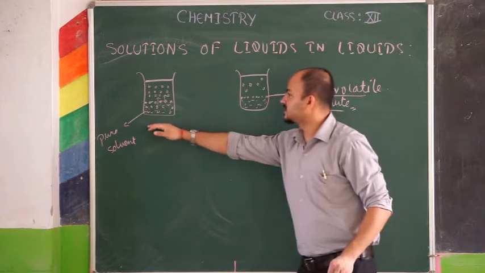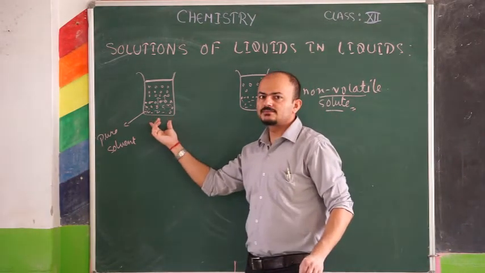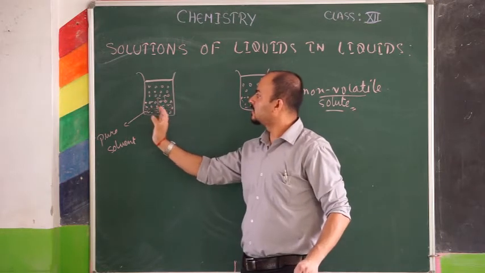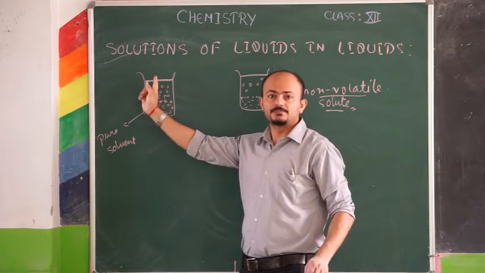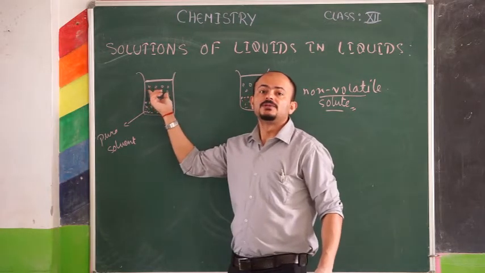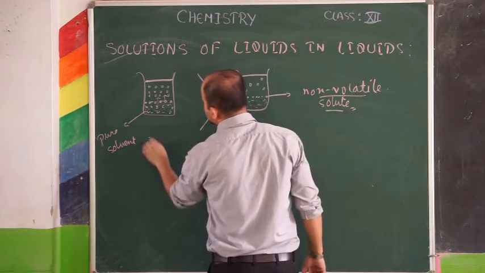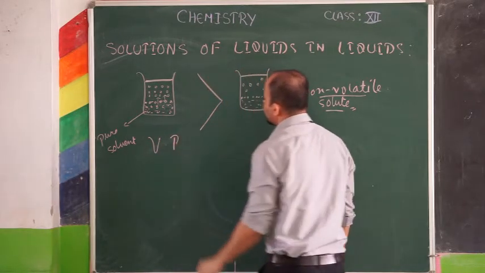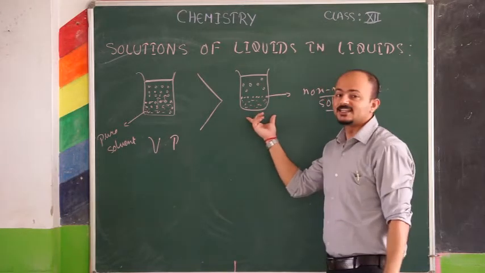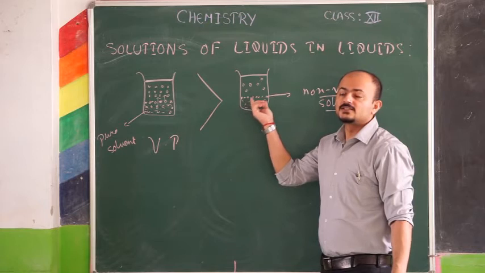In the first case, no non-volatile solute is present, only pure solvent, so more molecules will be going to the vapor phase. Therefore, its vapor pressure will be higher. The vapor pressure of pure solvent will be higher than the solution which contains a non-volatile solute.